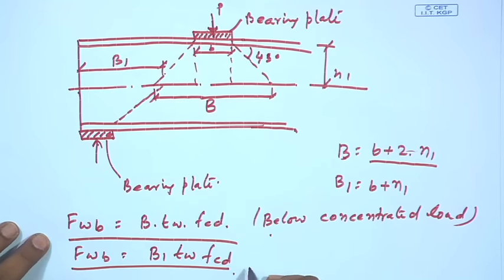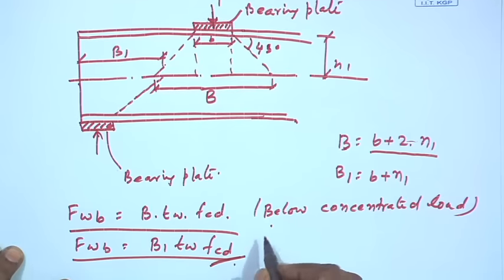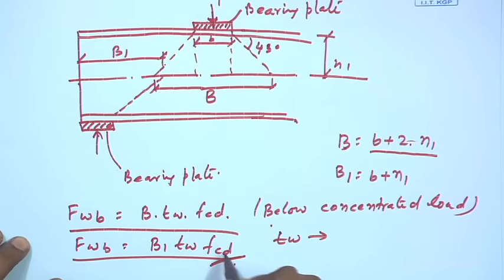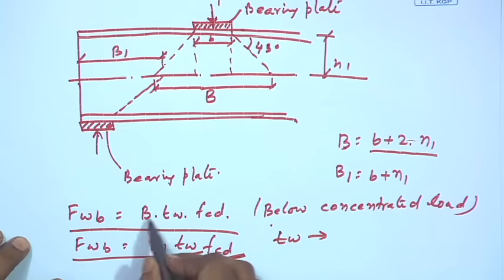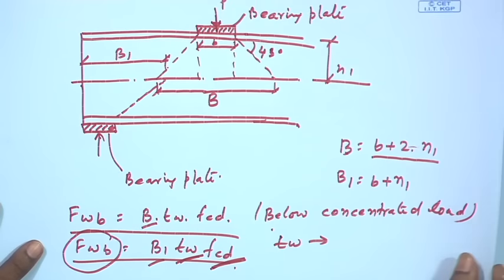Where fcd is the allowable compressive stress corresponding to the assumed web strut according to buckling curve c, right. So, fcd value is the allowable compressive stress and it can be calculated corresponding to buckling class c. tw is the thickness of web. So, if we know the value of fcd, value of tw and value of B or B1, then we can find out the buckling strength of the member, right.